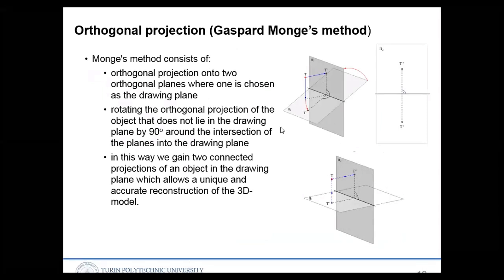Okay, so let's continue the lesson. The point T in space can be generated using just a normal page, just 2-dimensional space like this. By opening the horizontal plane to make it the same plane as the frontal plane, the 2 planes can be shown in one plane.